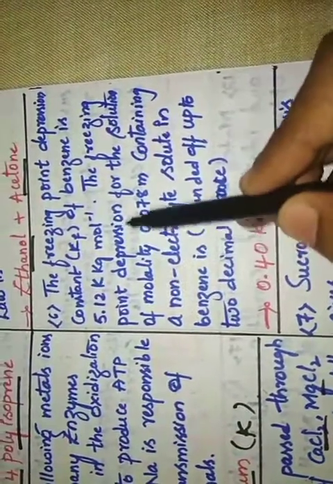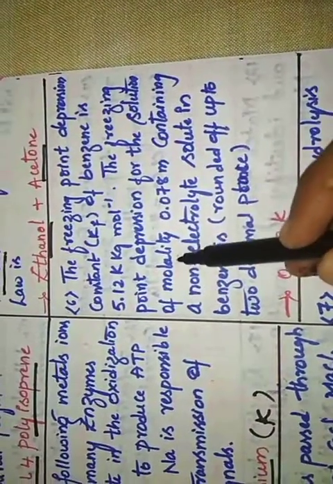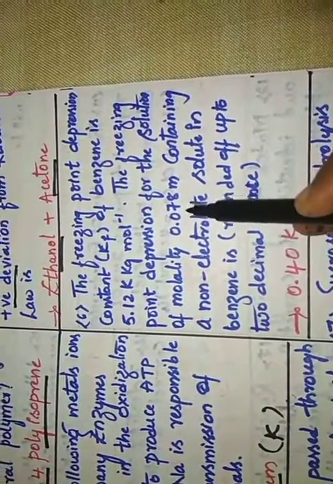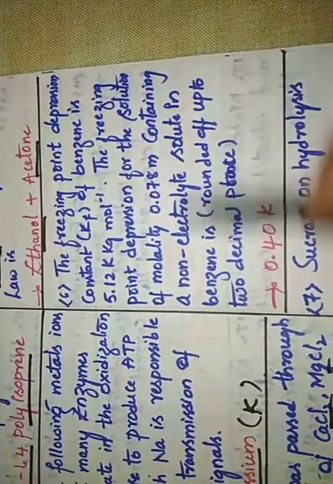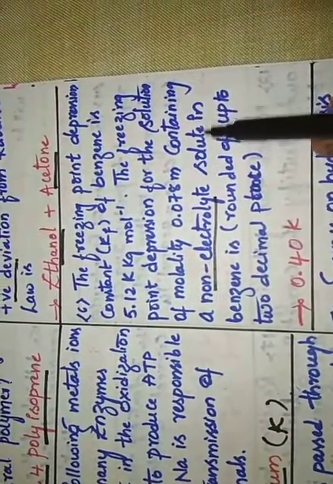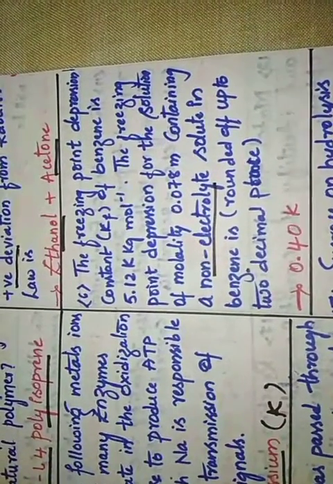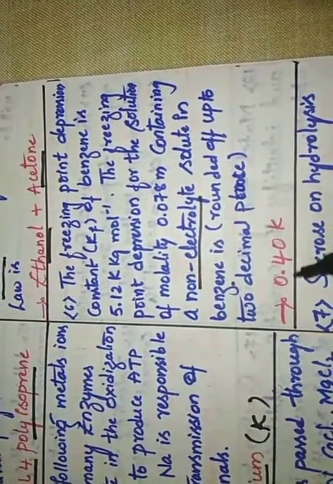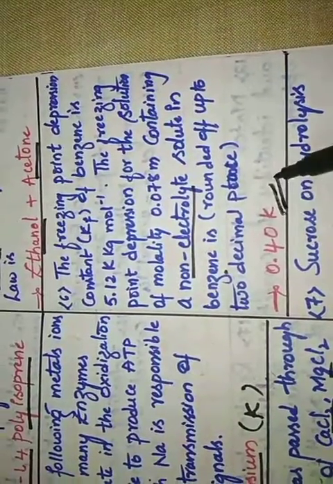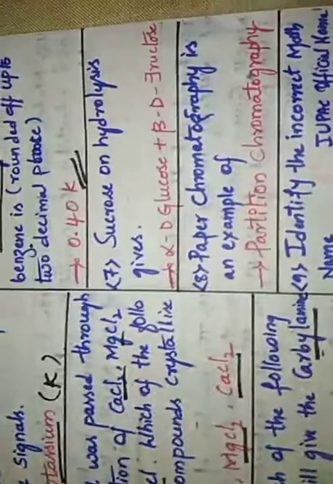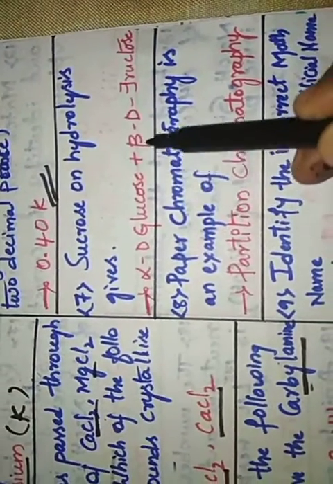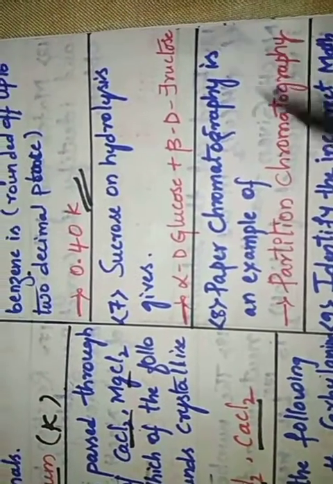The freezing point depression for the solution of molality 0.078 m containing a non-electrolyte solute in benzene is to be rounded up to 2 decimals. You should round up to 2 decimals. The answer is 0.40 Kelvin. Sucrose on hydrolysis gives alpha D glucose and beta D fructose.